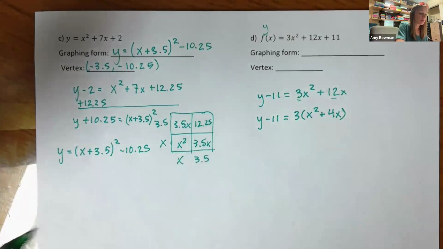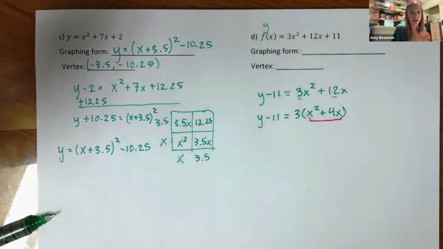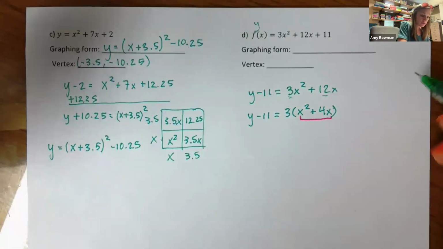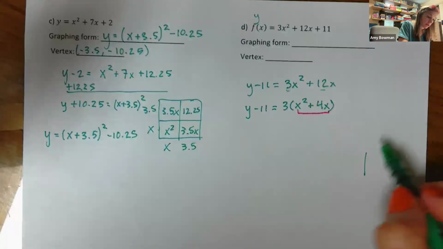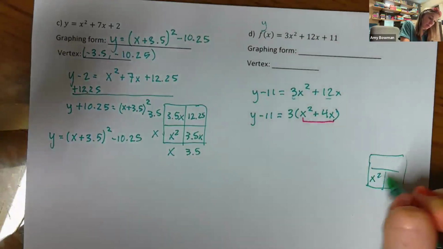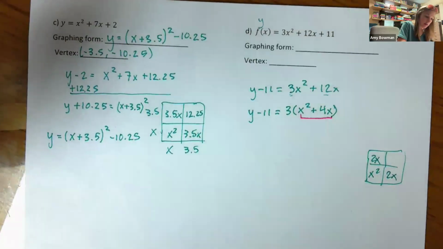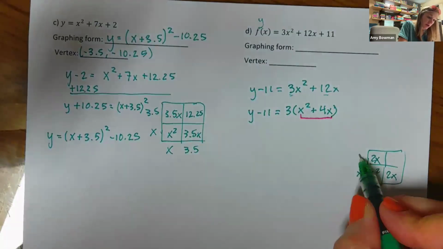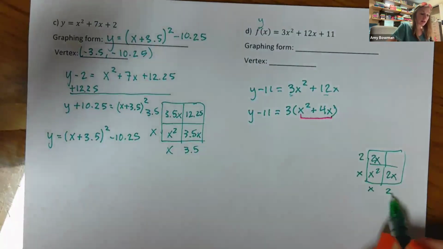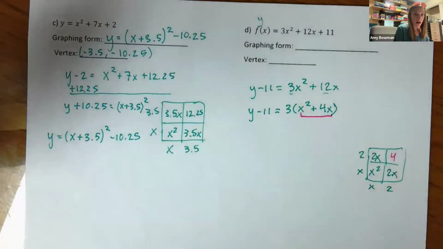Now what we can do is complete the square just focusing on those x terms, x squared and 4x. We can do a quick area model, x squared, and then we're splitting 4x evenly. So it's going to be 2x and 2x. So our perfect square here can be formed by completing the square by adding 4.